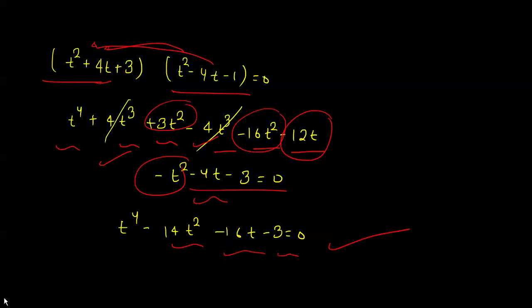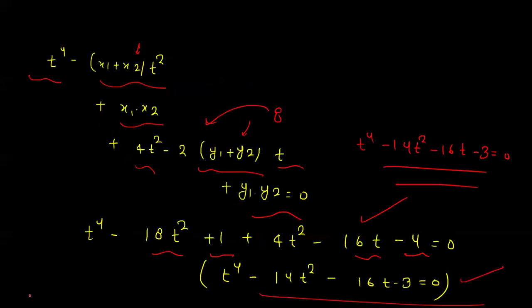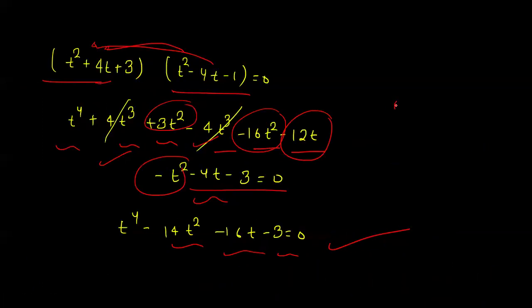So the factors of this equation are t square plus 4t plus 3 and t square minus 4t minus 1. So these are two factors. If we equate, one of them must be equal to 0 for this condition to be true.